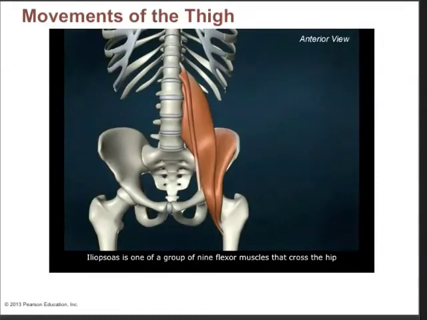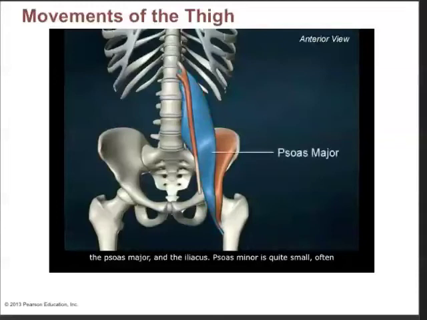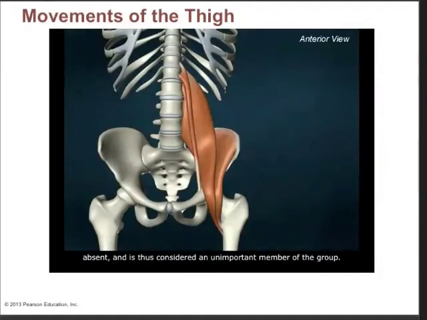Iliopsoas is one of a group of 9 flexor muscles that cross the hip joint. It consists of 3 separate muscles: the psoas minor, the psoas major, and the iliacus. Psoas minor is quite small, often absent, and is thus considered an unimportant member of the group.